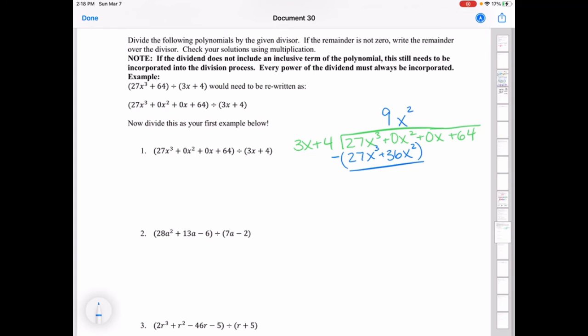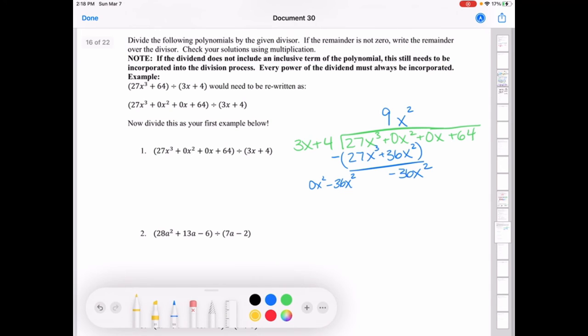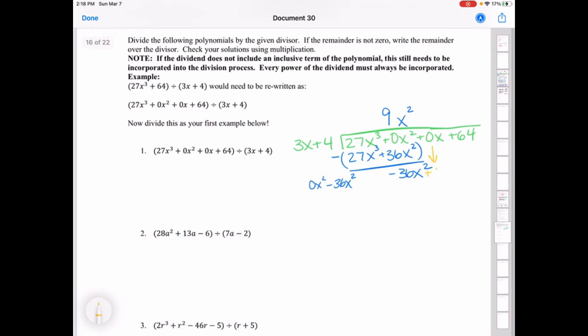Then I have 0x to the second minus a positive 36x to the second, that's going to be negative. So I'm going to have a negative 36x to the second. I'm going to bring down this plus 0x. And now I'm working with this negative 36x to the second.